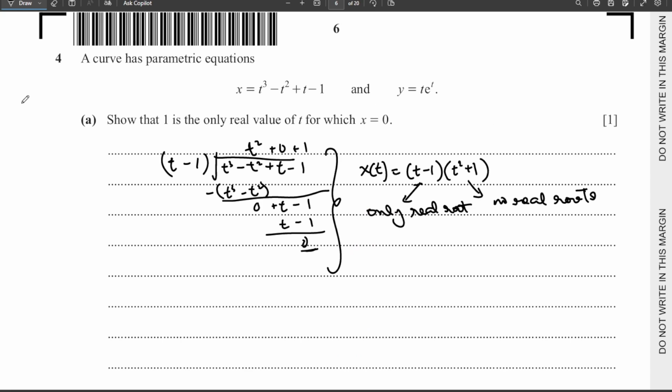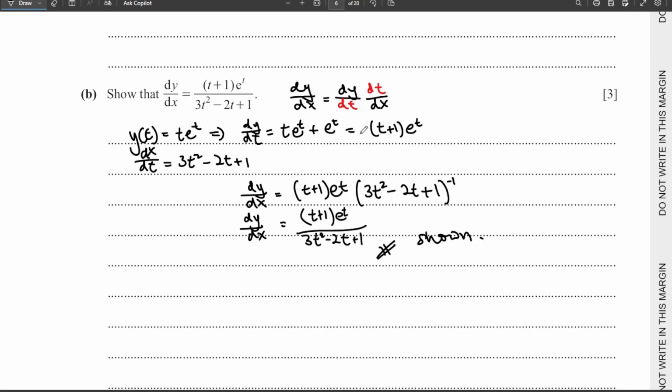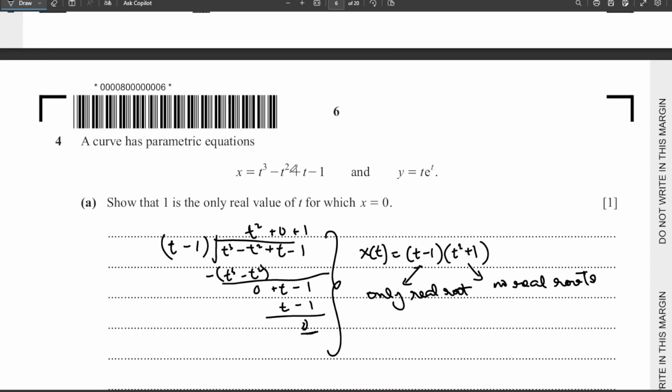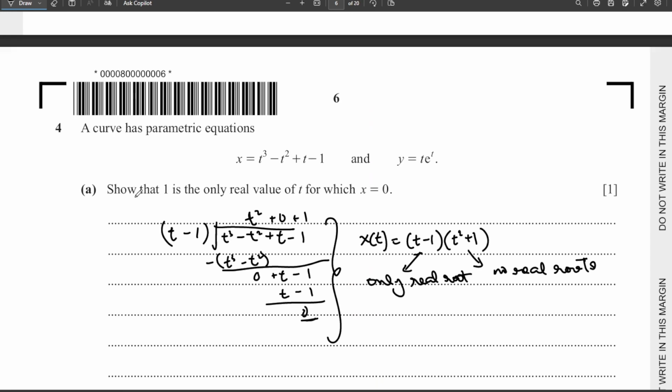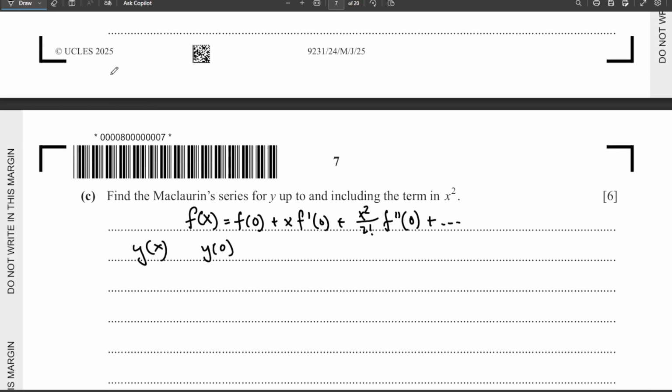As we used in part A, when x is 0, the only real value for that to be true is when t is 1. So y when x is 0 is y when t is 1.